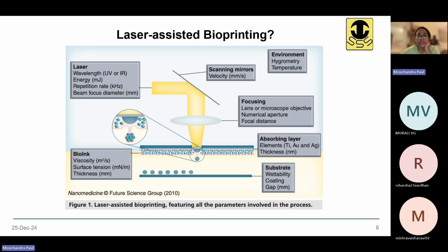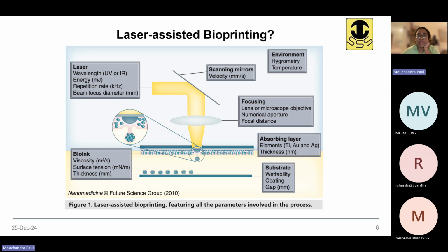First, there is a transparent glass substrate, called the support. On the support, we coat a layer of bioink. Now, bioink consists of cells, media, maybe some biopolymer or something like that. You can mix it into your bioink.